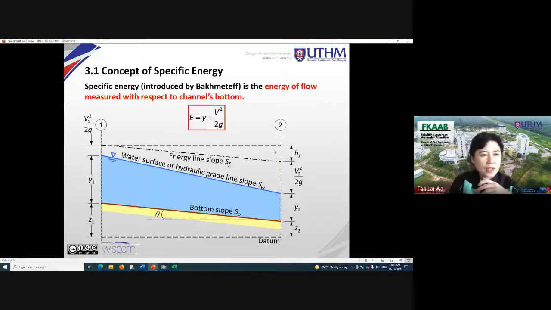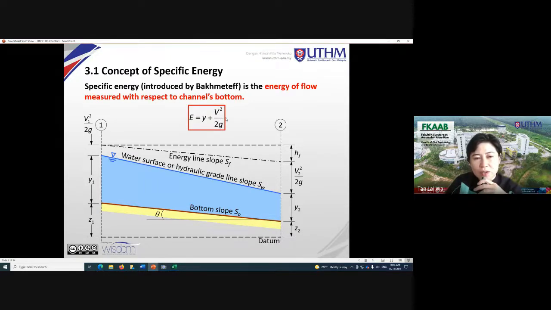Let's look at the concept of specific energy, which was introduced by Bakhmeteff. It is the energy of flow measured with respect to the channel's bottom. If you look here, the total energy or specific energy is the depth of flow y plus the kinetic energy head, v squared over 2g.